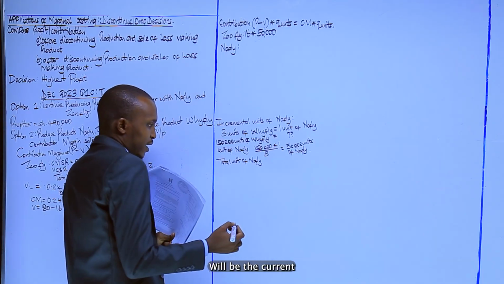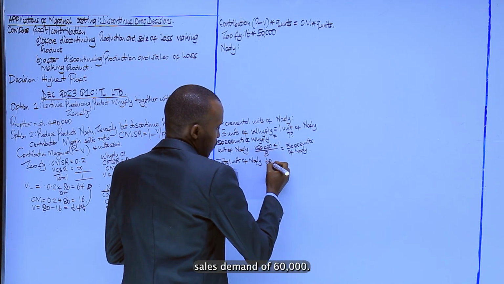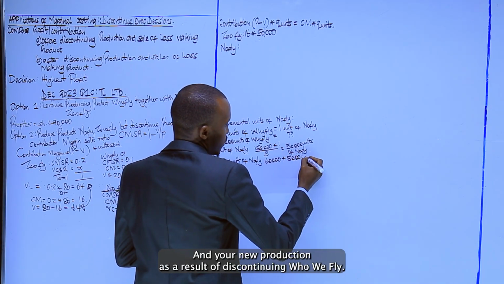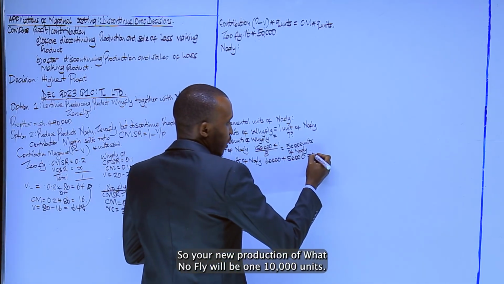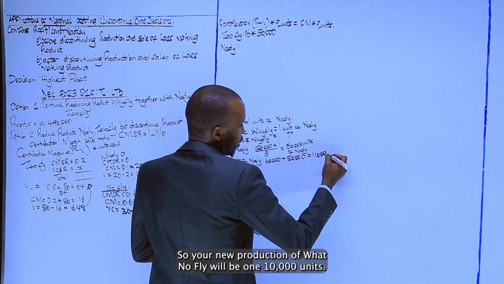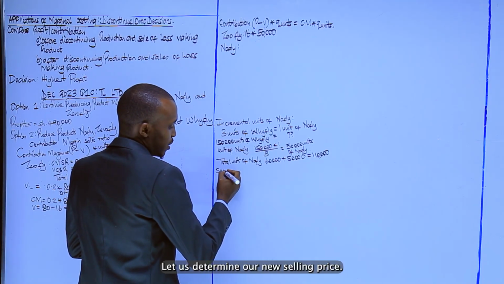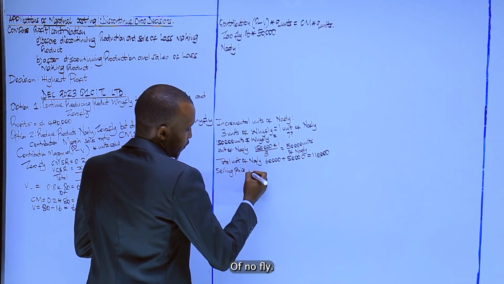It will be the current sales demand of 60,000 plus your new production as a result of discontinuing Y Fly. So your new production of No Fly will be 110,000 units. Let's determine our new selling price of No Fly.